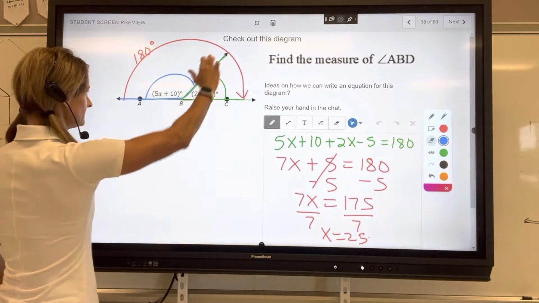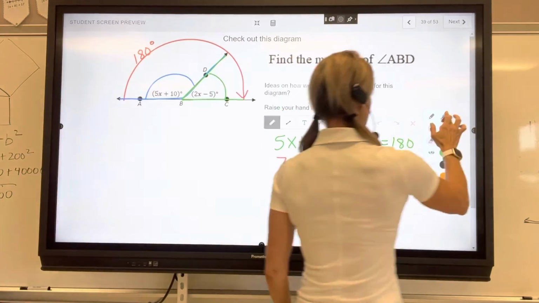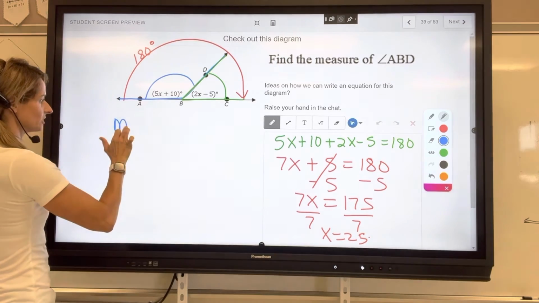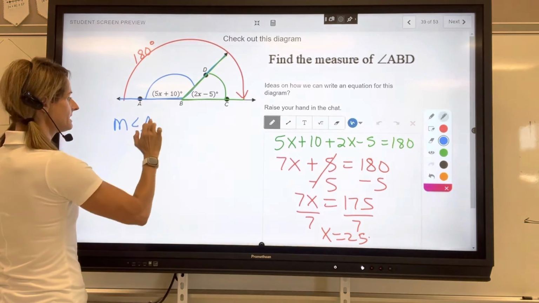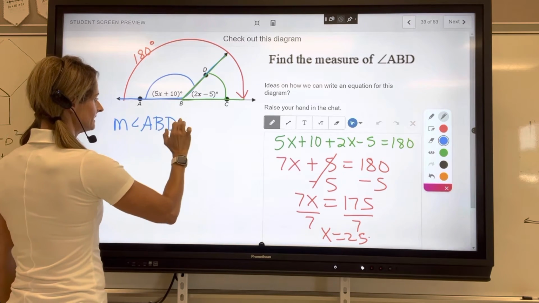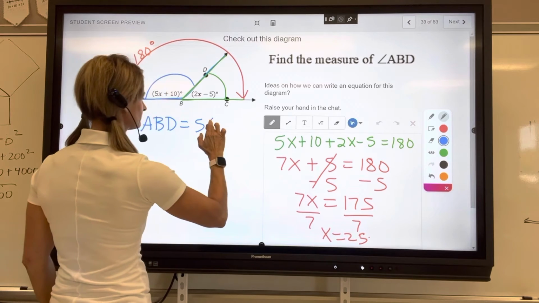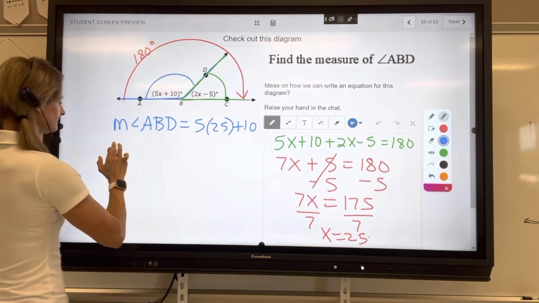ABD. The way we write the measure, this is something else we need to learn today. The notation for measure. The measure is a lowercase m. The measure of angle ABD is equal to 5x plus 10. Our x is 25. So what is that?